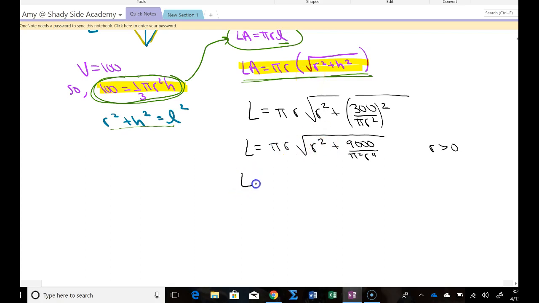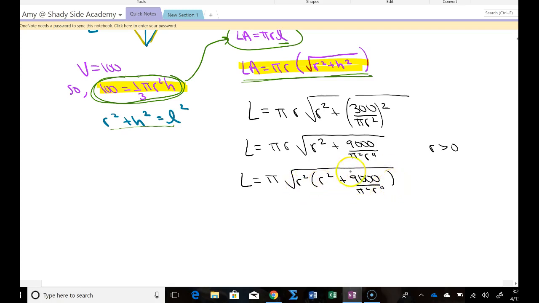In other words, I have this: L equals pi times the square root of r squared times r squared plus 9,000 over pi squared r to the fourth. Okay? See how I did that?